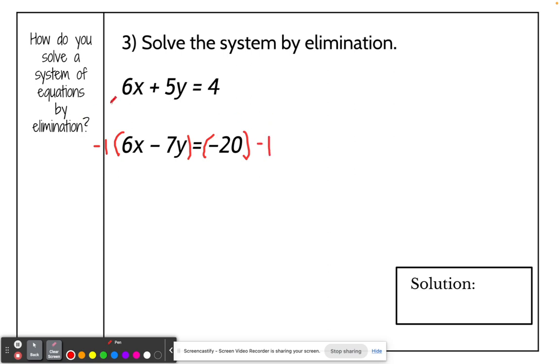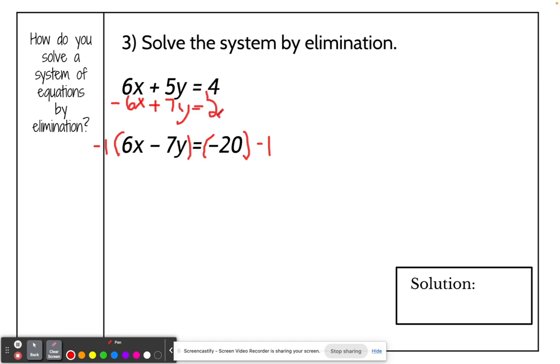I'm going to write it up here, even though I prefer to write in a separate line, but space is always an issue when I'm working on my slideshow. -1 times 7y makes it a positive 7y. And then I have -20 times -1, and I get a positive 20.